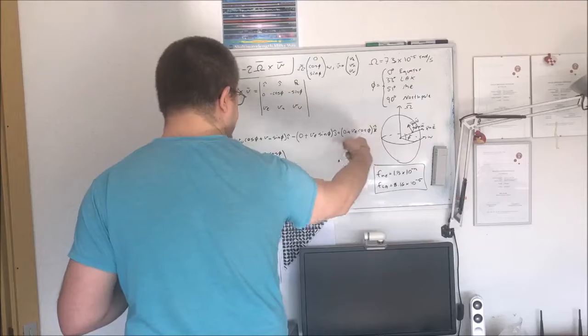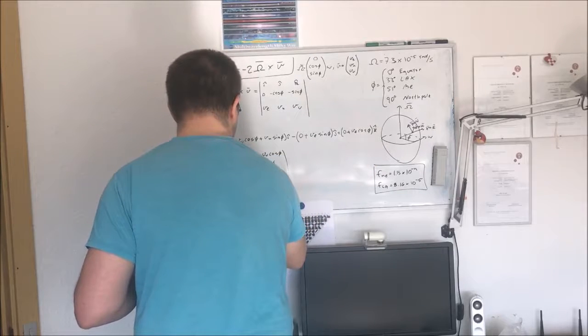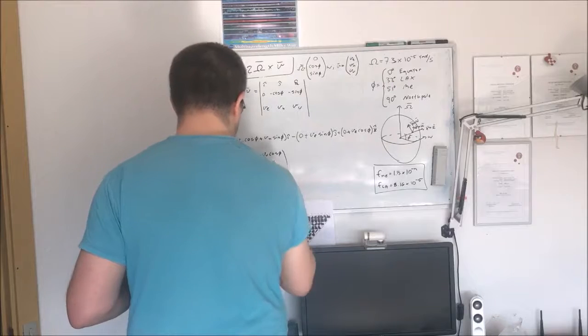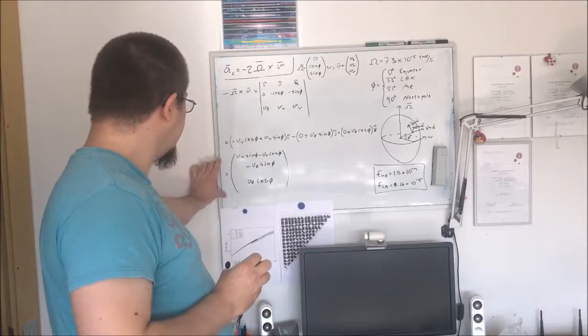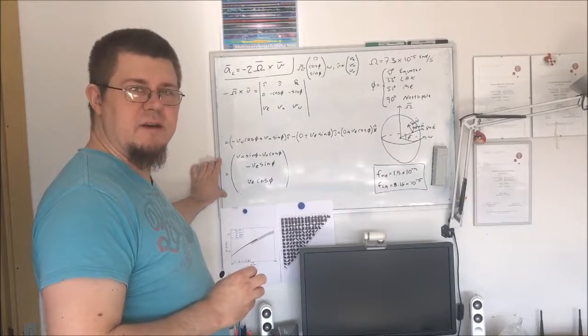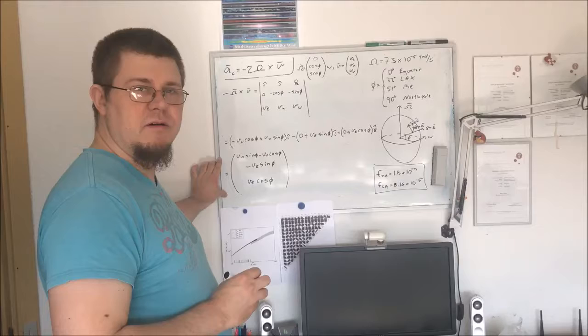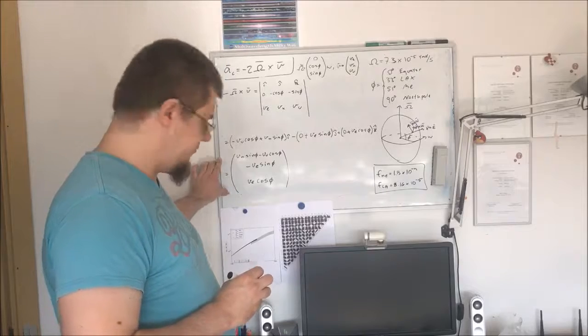And down here I get plus and plus, that's plus, so I get Ve times cosine phi. Here you have it. Here you have the x, y, and z components of the Coriolis force on Earth.